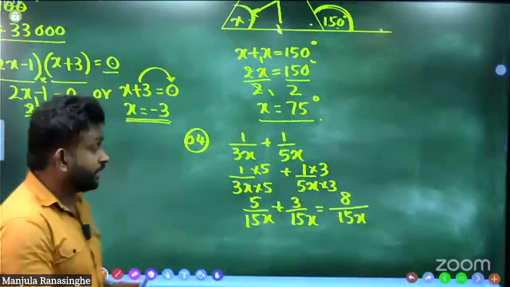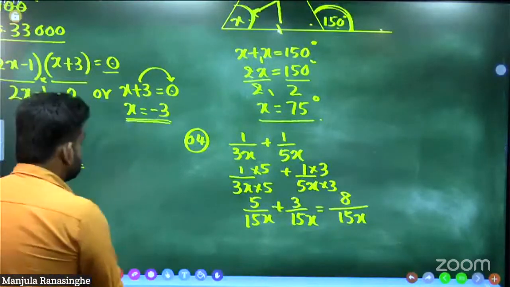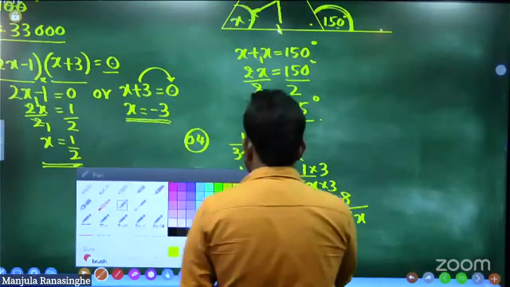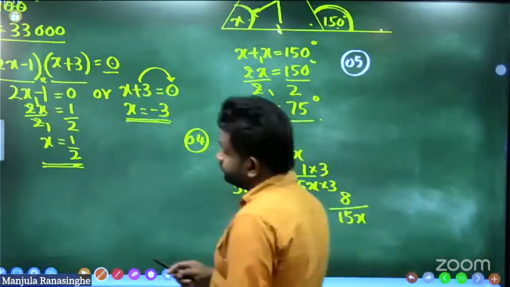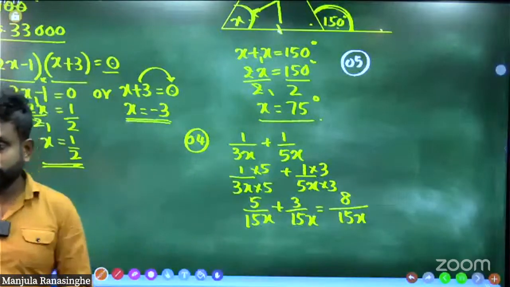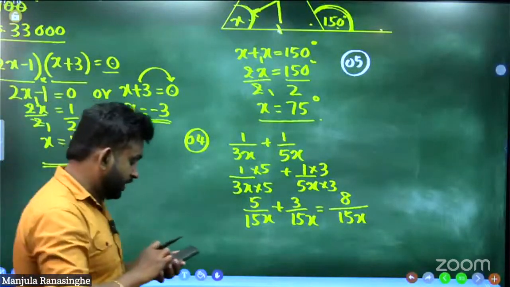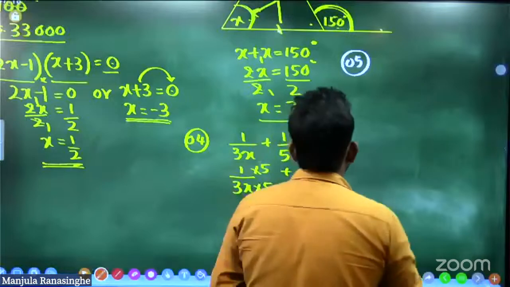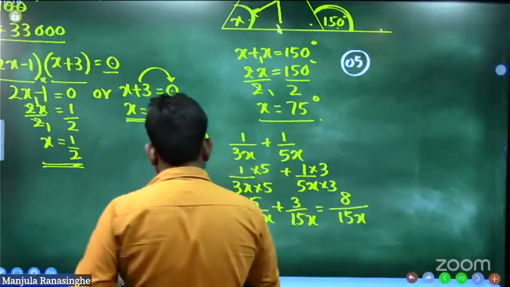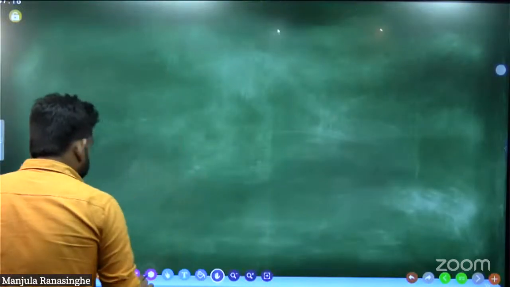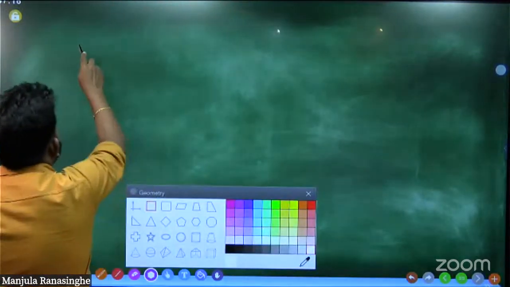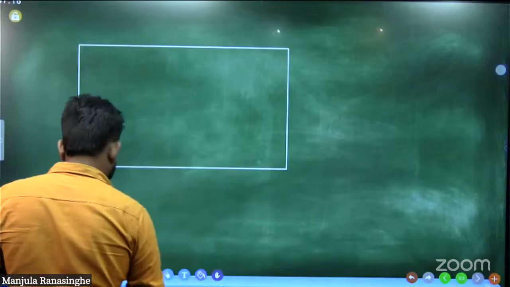Okay, right. So now we are moving to question number 5. Question number 5 is on the Venn diagram. Right, I will draw it. This is the Venn diagram.